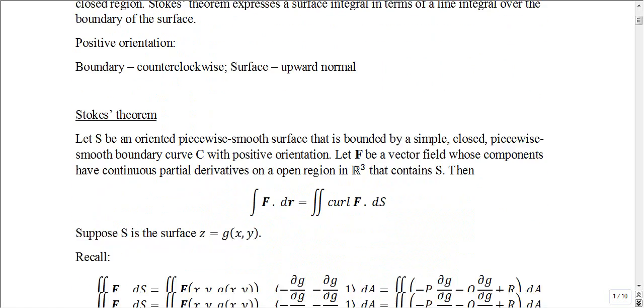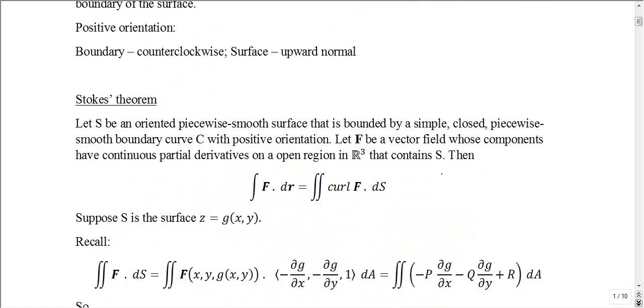Let S be an oriented, piecewise smooth surface that is bounded by, here we go again, a simple, closed, piecewise smooth boundary curve C with positive orientation. Let's just say a nice curve; nice encompasses all of these adjectives.